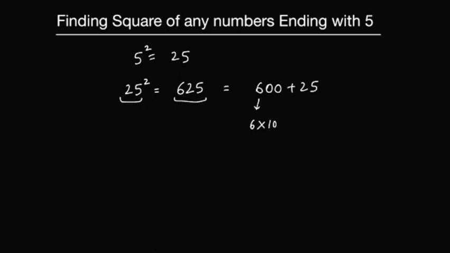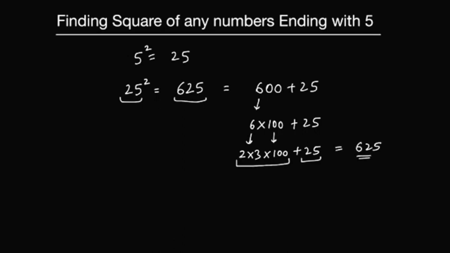So 6 into 100 is the splitting of 600, and plus 25 we write as it is. Now again we split 6: 2 into 3 only. Now 100 we copy and also plus 25. So we have split 625 and got 2 into 3 into 100 plus 25. Right? The logic is the same. We get the result 625 only.